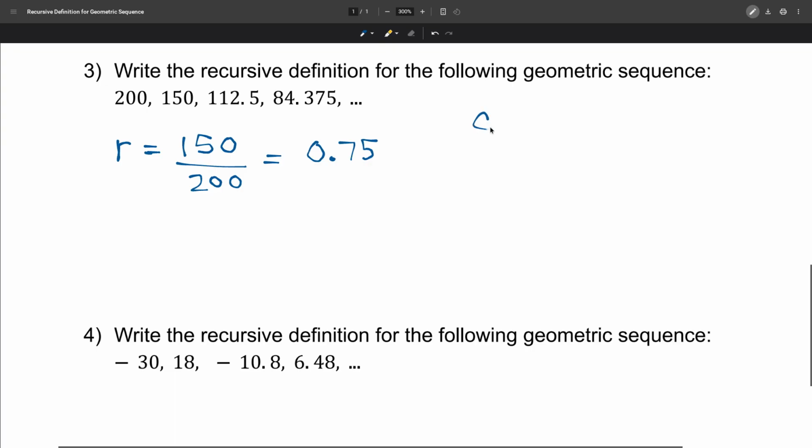Okay, so for our recursive definition, a sub 1, let's pretend that's a better a. That's going to be 200. A sub n is going to equal a sub n minus 1 times the common ratio, 0.75, and that's for when n is greater than 1.